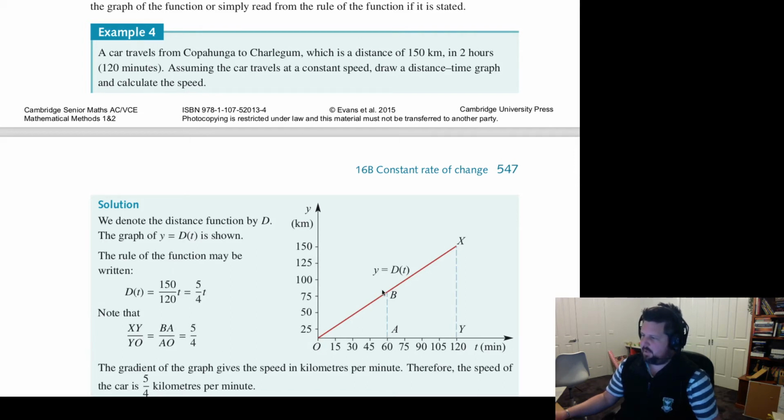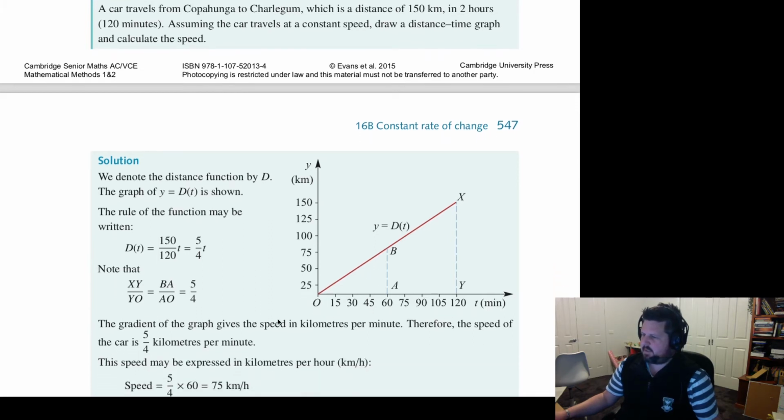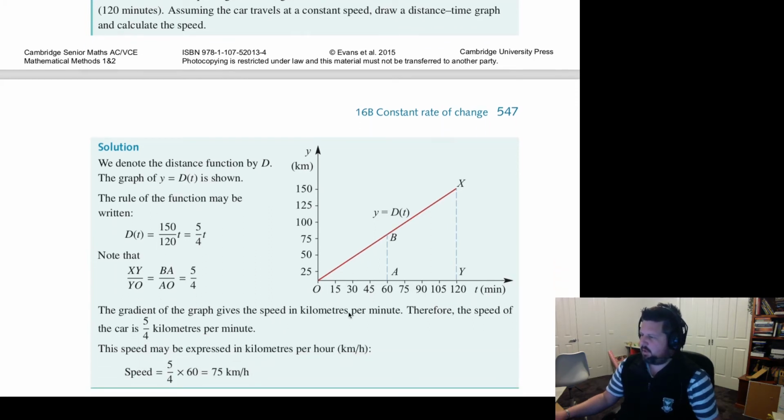Yep, that's the gradient. It says the gradient of the graph gives the speed in kilometers per minute. Therefore, the speed of the car is 5 over 4 kilometers per minute, because that's the gradient. This speed may be expressed in kilometers per hour. If you've got kilometers per minute, you multiply by 60 to change it into kilometers per hour.